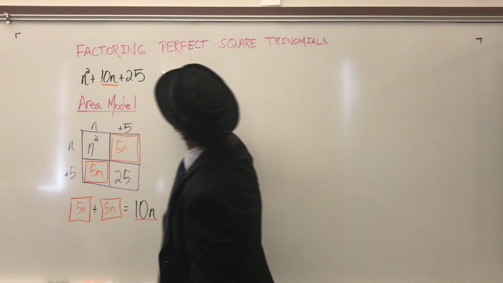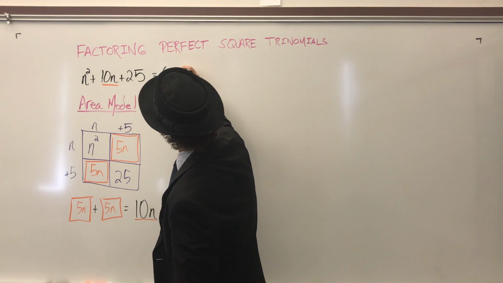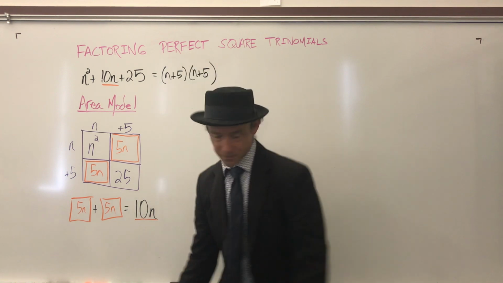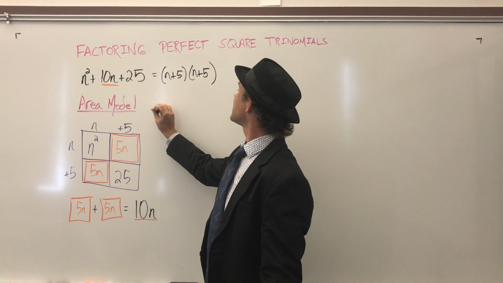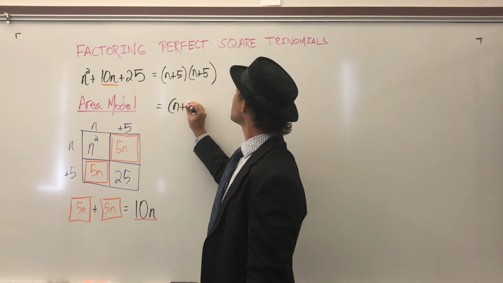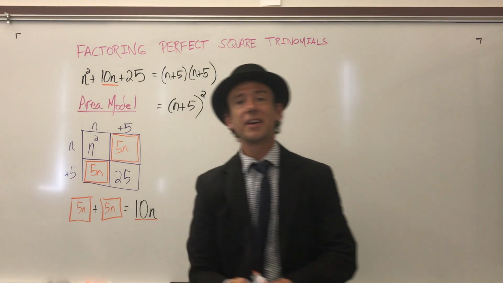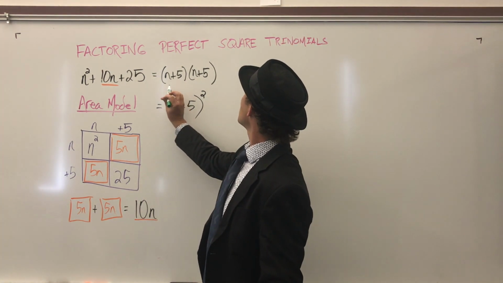And so, voila, that means that the answer is going to be n plus 5 times n plus 5. Now, when we have the same term twice, let's take advantage of exponents and say it's n plus 5 squared.